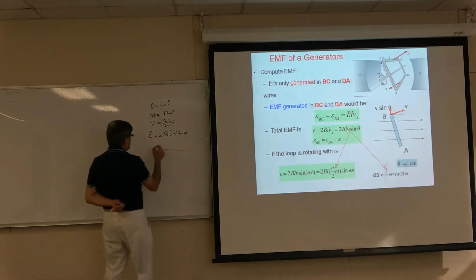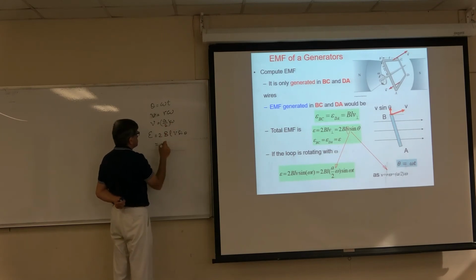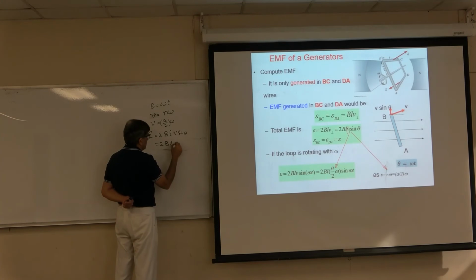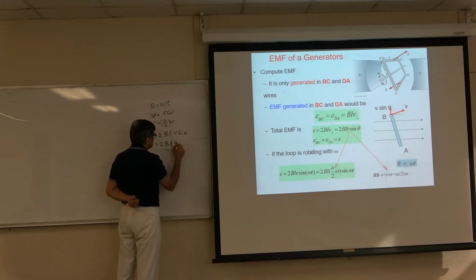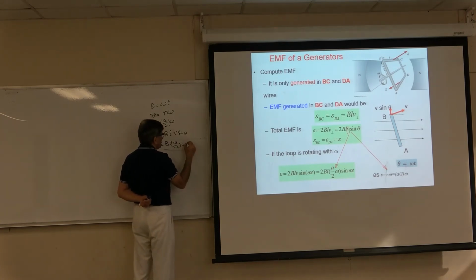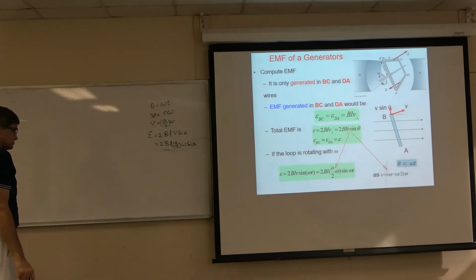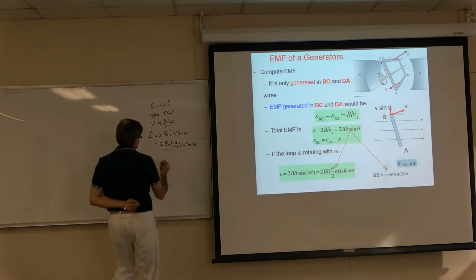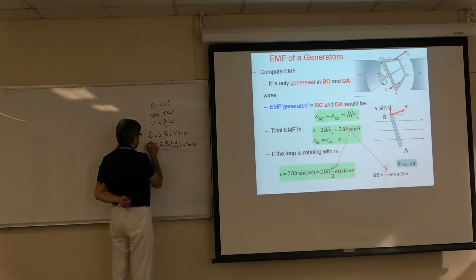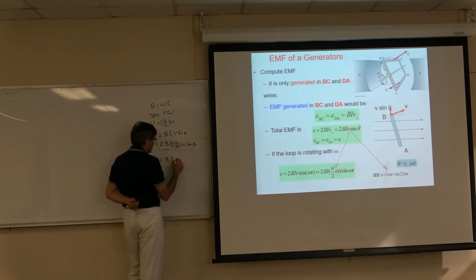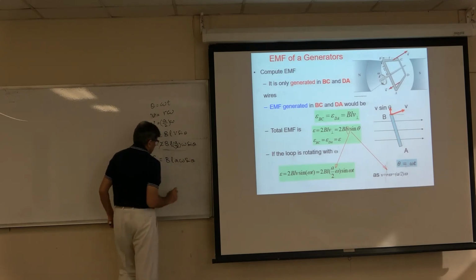Now, from here, let's relate this with the angular velocity. 2 times B times L times a by 2 omega sine of theta. Alrighty? So, you can simplify it further. Cancel out this 2. E is equal to B times L times a omega sine theta.